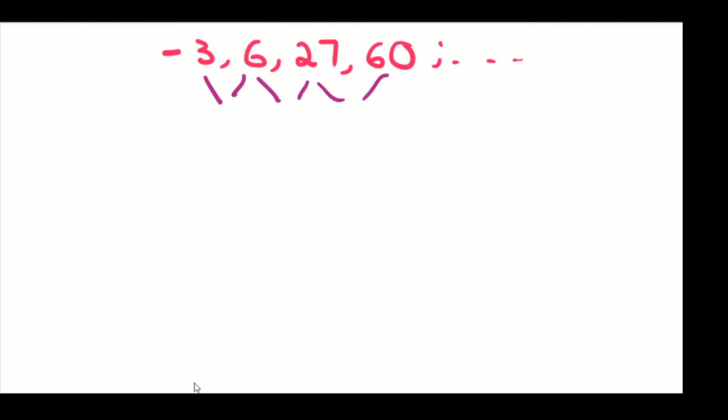So we're having minus 3, 6, 27, and 60, right? The first thing you're going to do is find the difference of this. So this is the first difference, so it's going to be 9, 21, and 33.